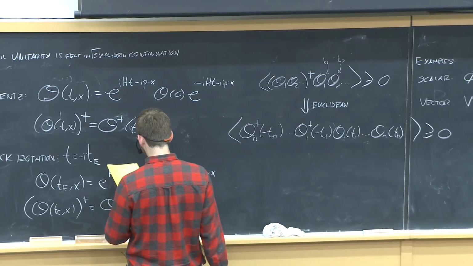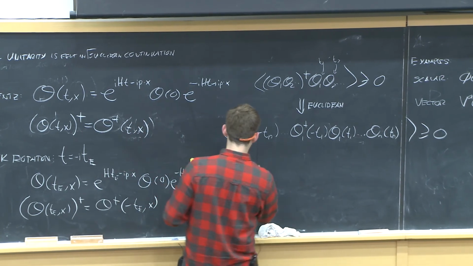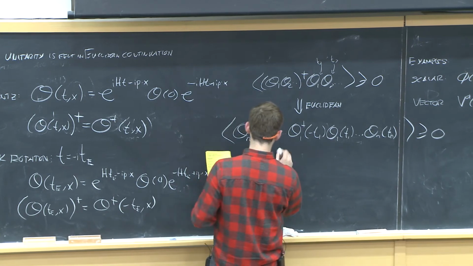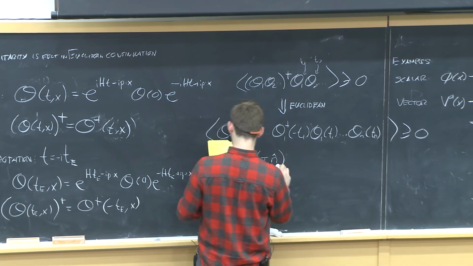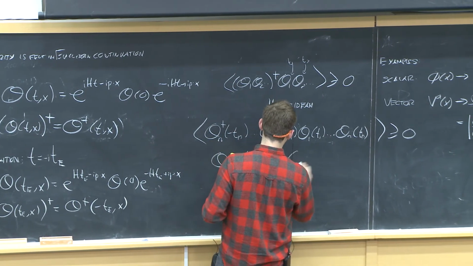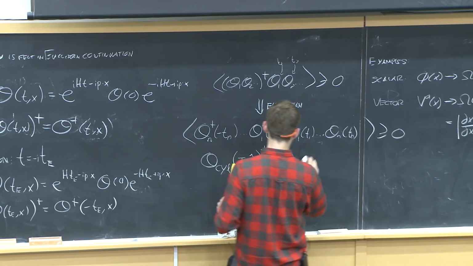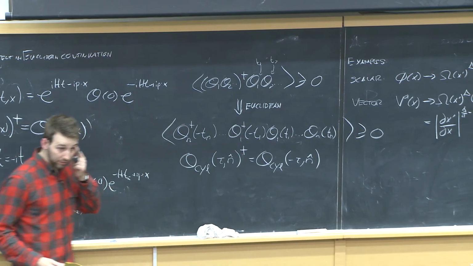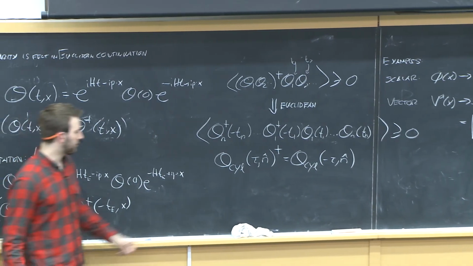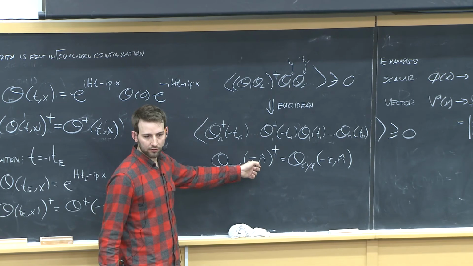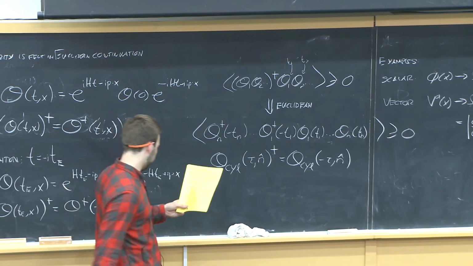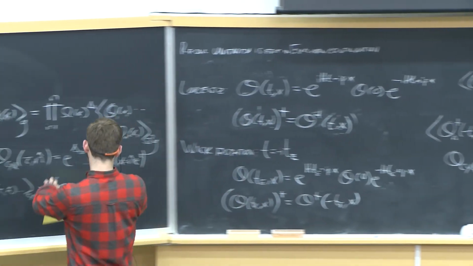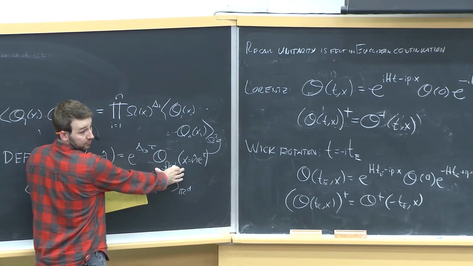Now I can do this on the Euclidean cylinder, on the Lorentzian cylinder going to the Euclidean cylinder. This tells me that O cylinder at tau n, dagger, is equal to O cylinder of minus tau n, where this is now a Euclidean cylinder operator, so these taus are Euclidean cylinder time. But now I knew how to relate these cylinder operators to flat space operators.